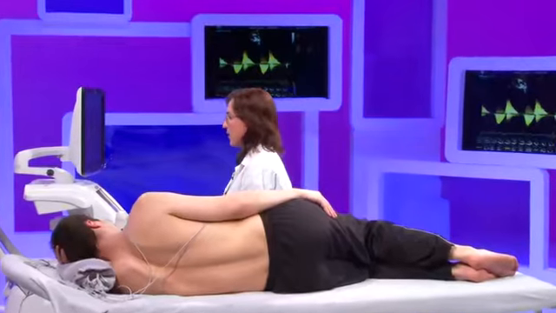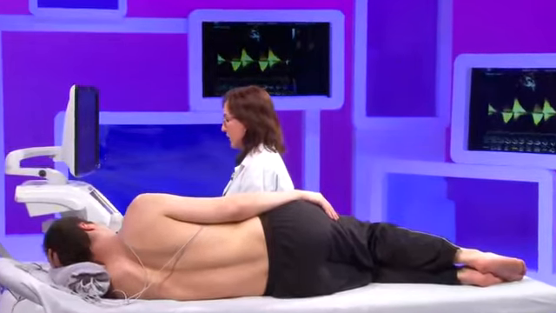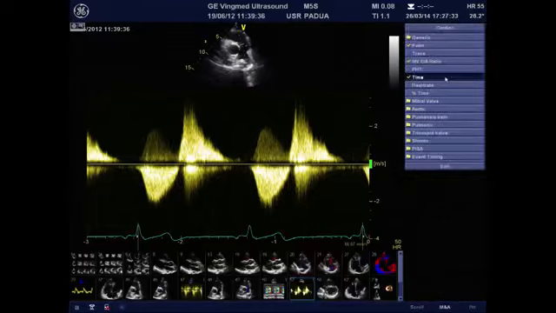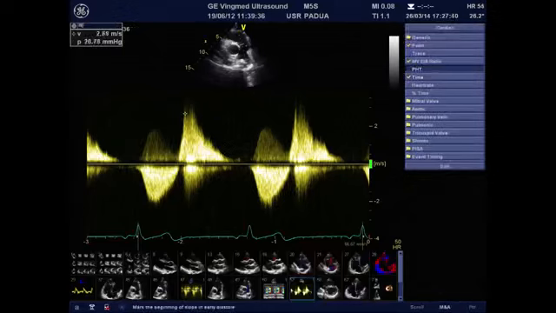So this sometimes may be misleading, and another parameter that can be used on the continuous wave Doppler is the PHT, so the pressure half time, which can be measured in this way using the modal velocity. So we can measure this interval, in this case is 129.